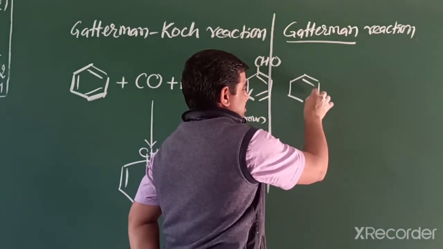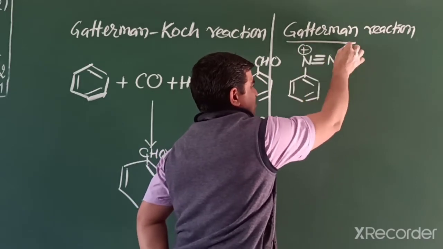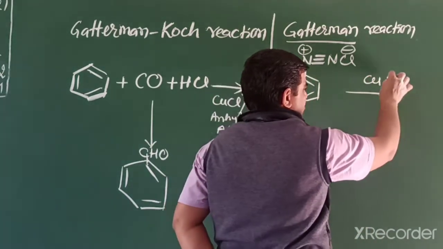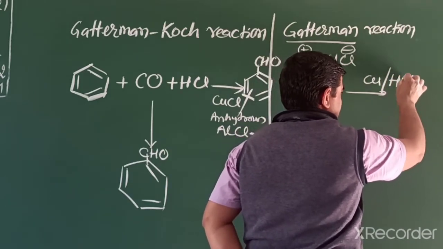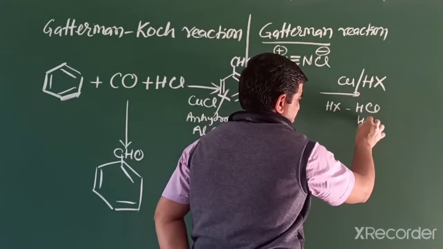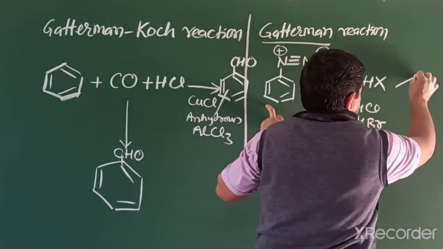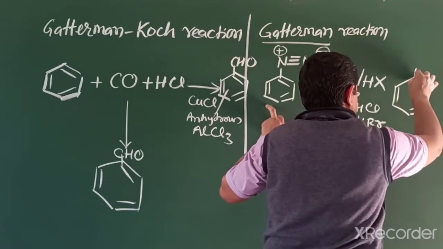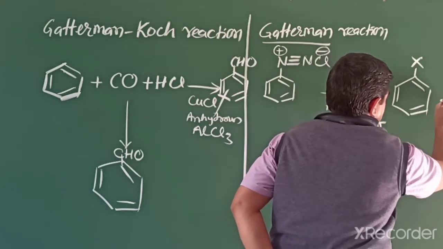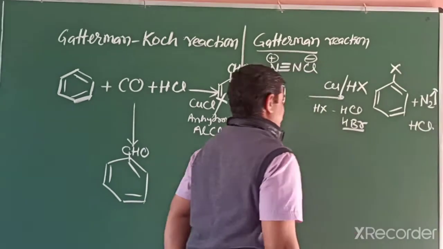When benzene diazonium salt reacts with copper metal in presence of the corresponding hydrogen halide, either HCl or HBr, the compound is converted into halobenzene, meaning chlorobenzene or bromobenzene, and nitrogen gas is released. So this one is the difference.